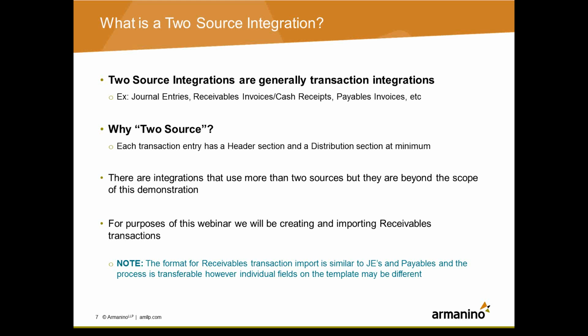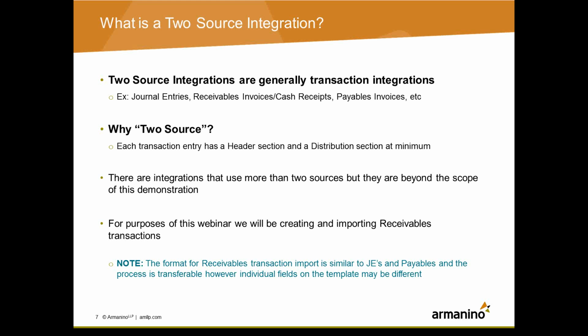There are integrations that do use more than two sources. This would be things like sales orders, which can be more than two sources, but that is beyond the scope of this demonstration, and we will not be getting to that just yet. For the purposes of this webinar, just as an example, we are using a receivables invoice import as the demonstration.